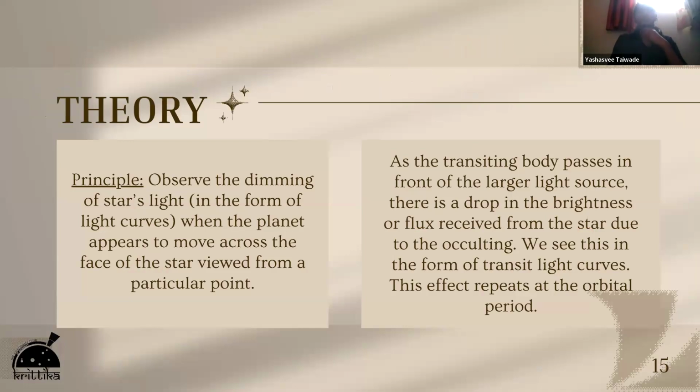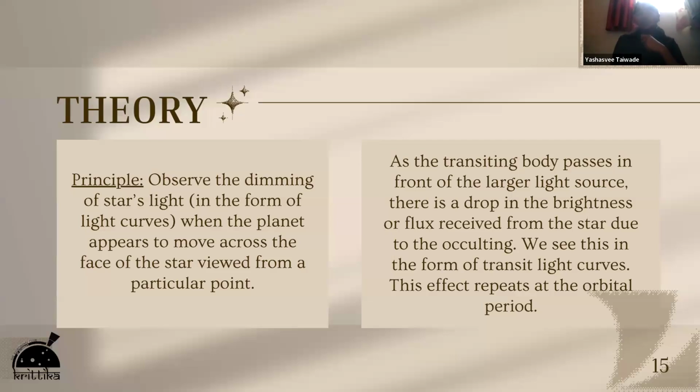We take in the star's light in the form of light curves, and when the planet appears to move across the face of the star, the light seems to have decreased, since some of the light we are receiving is blocked by the planet. So this light is decreased, and we thus find out whether an exoplanet is there or not.